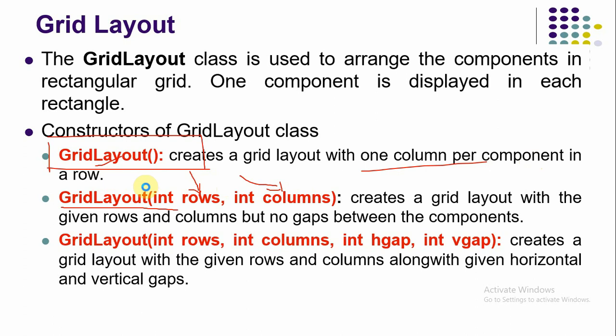If you are not mentioning the rows and columns, suppose you are adding 10 buttons, you'll get 10 rows, with one button displayed in each row. That is called the default grid layout. If you specify rows and columns, it will behave as per the rows and columns. We can also give horizontal gap and vertical gap.